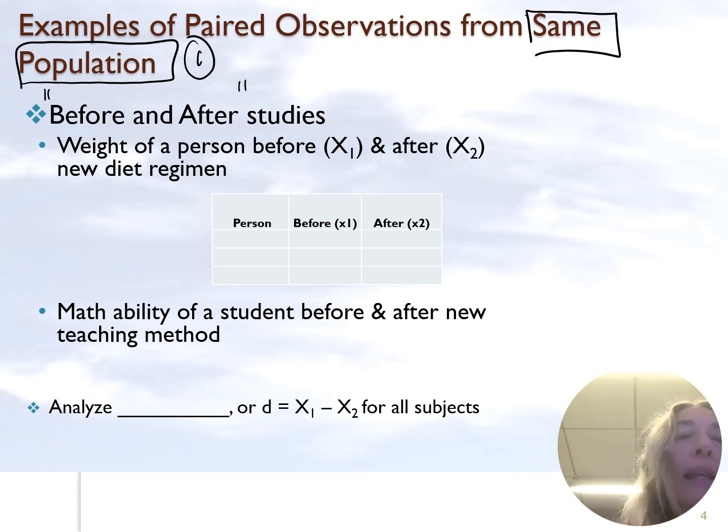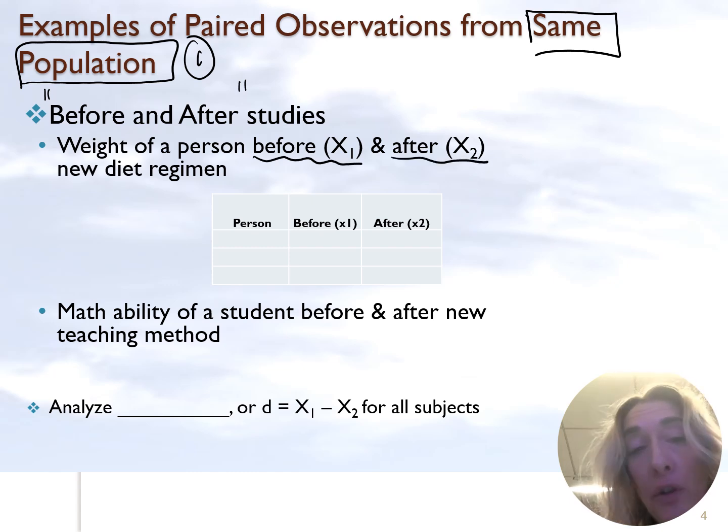An example would be when the weight of a person is measured both before, which we'll call X1, as well as after, which we'll call X2, a new diet regimen or an exercise regimen or maybe a medication, something that you're studying to try to see if there is an effect of this new method or approach.